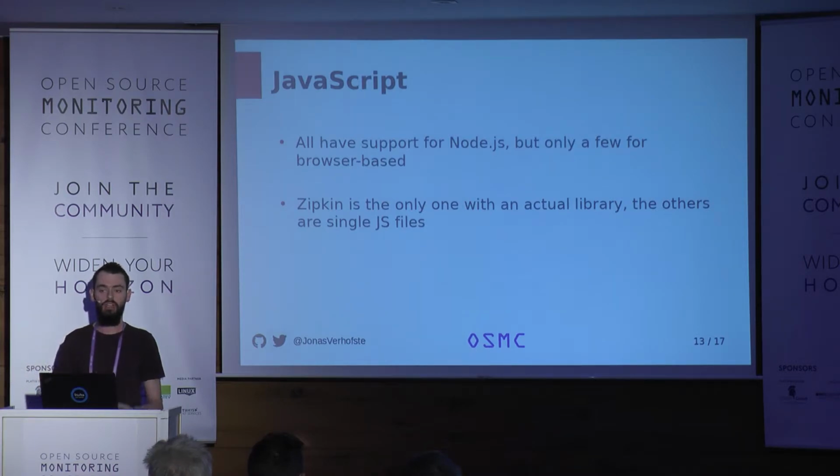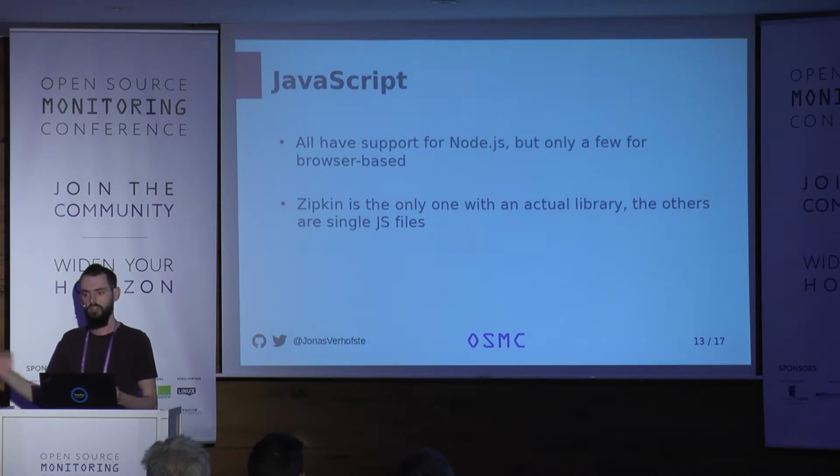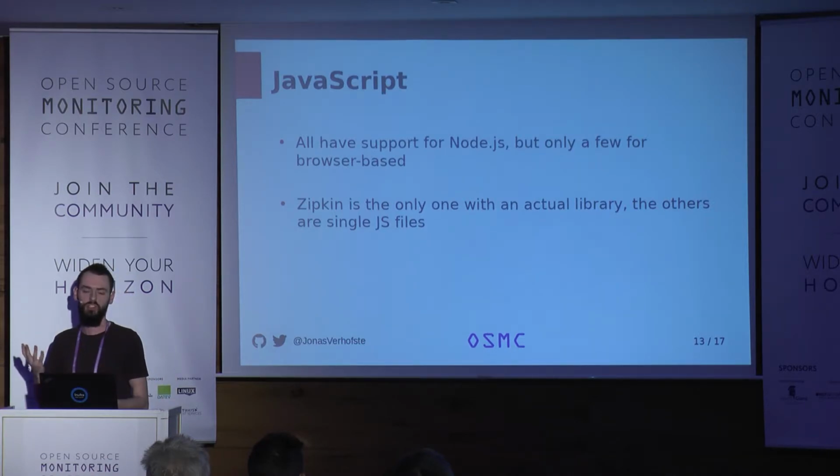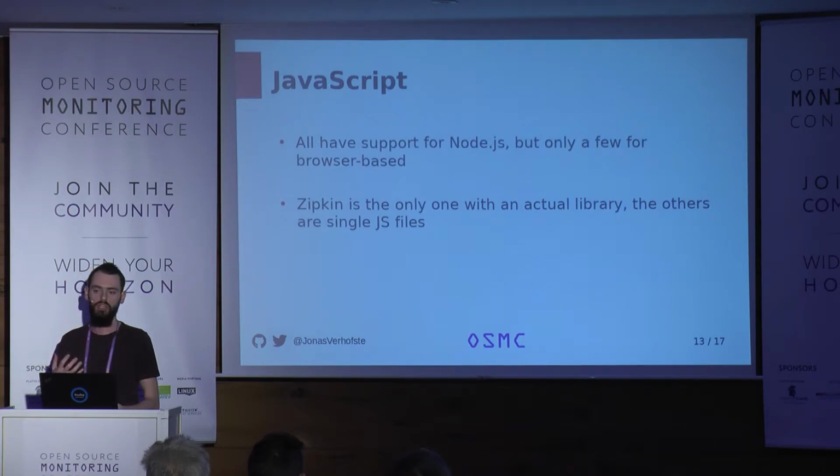All the others, like Elastic APM, and I saw recently OpenCensus too. They have JavaScript files, which you just include at the end of your HTML file, and then it'll do some magic to create some data, but you don't really have any say in the matter what data it will create.